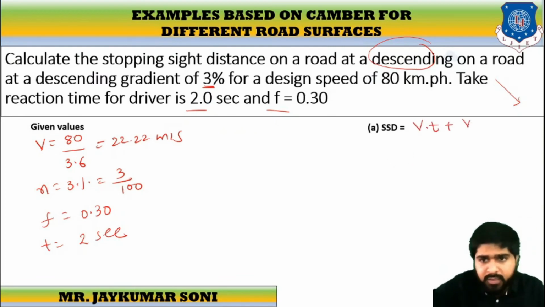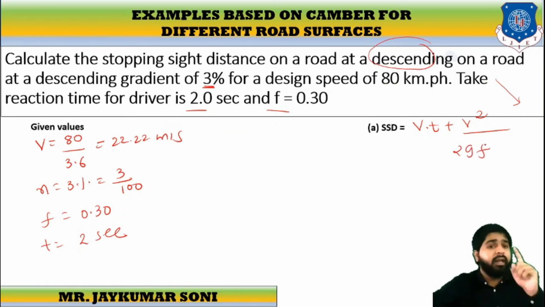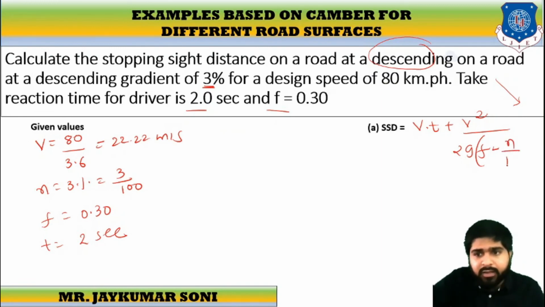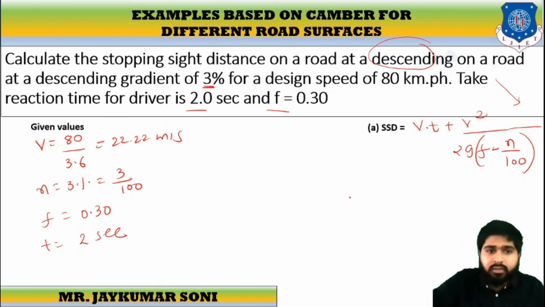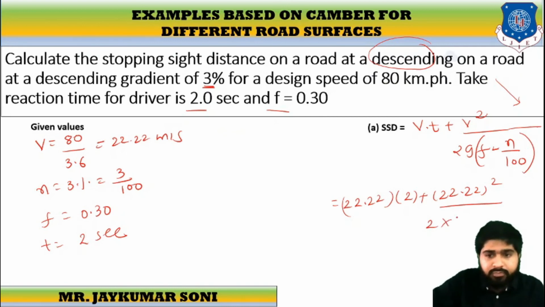Vt plus V square by 2g times f. This is the equation. But as this is a descending gradient, it will be minus n by 100. So V equals 22.22, t is equal to 2, 22.22 whole square by 2 into 9.81 into 0.30 minus 3 by 100.